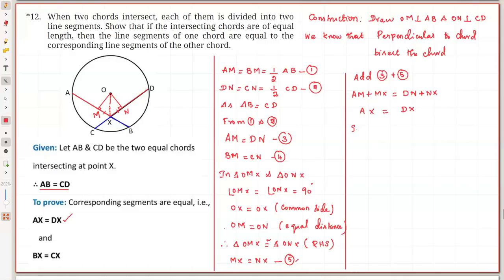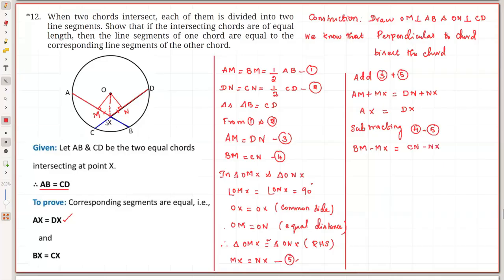Subtracting 4 minus 5: BM minus MX is equal to CN minus NX.